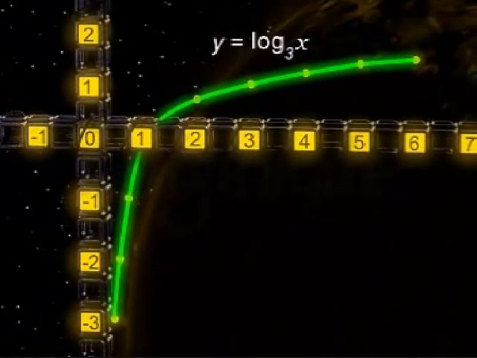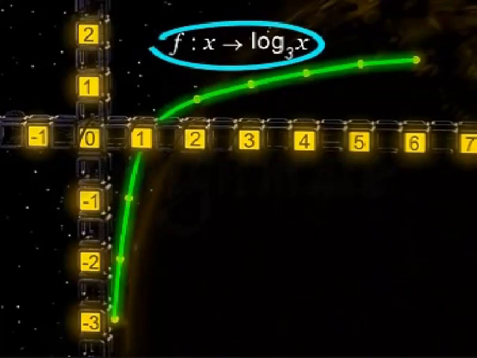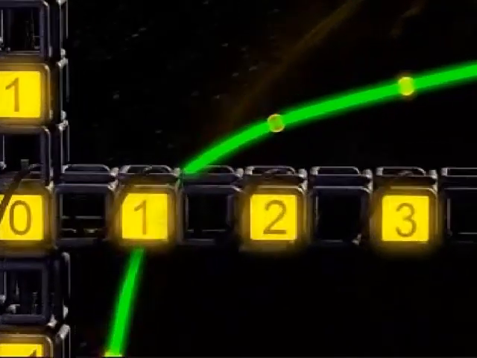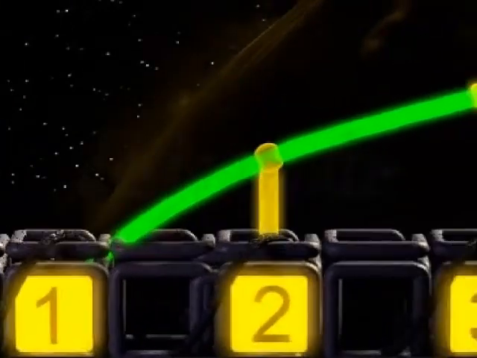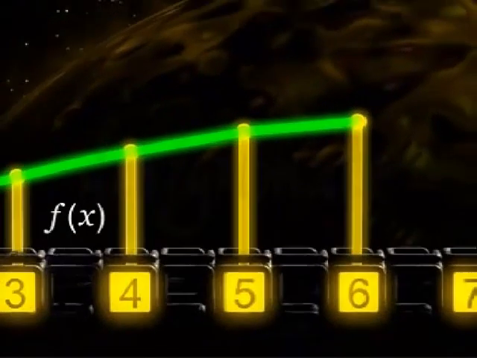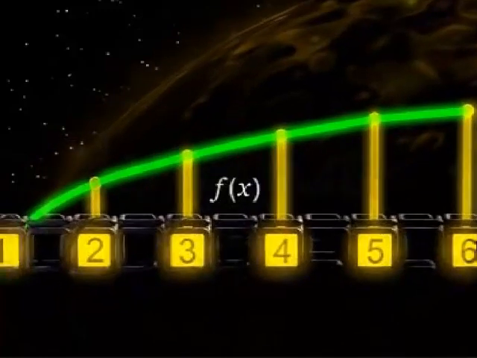The following properties of the logarithmic function f such that x corresponds to log x to the base 3 could be verified from the graph. For x greater than 1, f(x) = log x to the base 3 is positive.